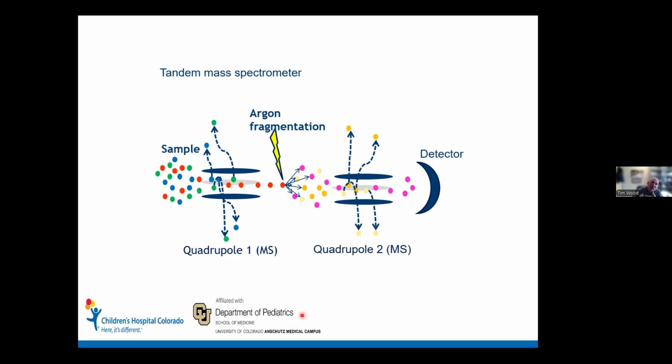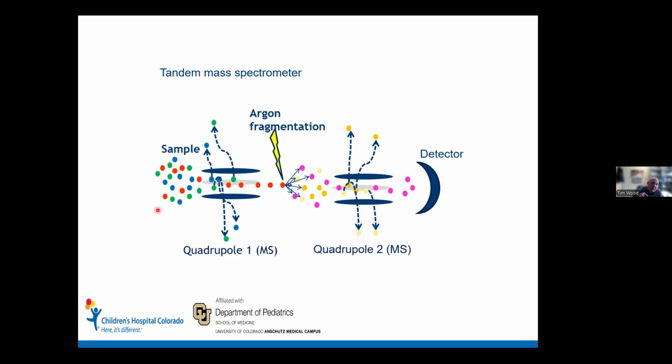And again, we've talked about how fragmentation patterns can be very specific and help with the identification of compounds. And what's so cool about this instrument and why it is so powerful, not only in our field, but in clinical chemistry, is how you can switch between molecules in a matter of milliseconds. I was driving into work today, and you can think about this as sort of like your fast lane.